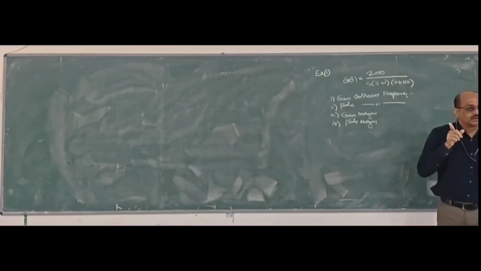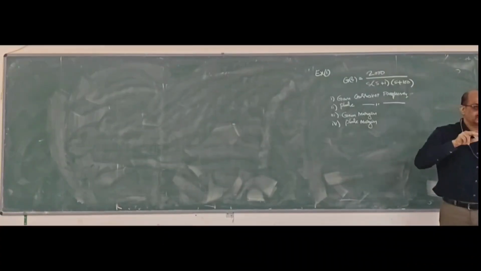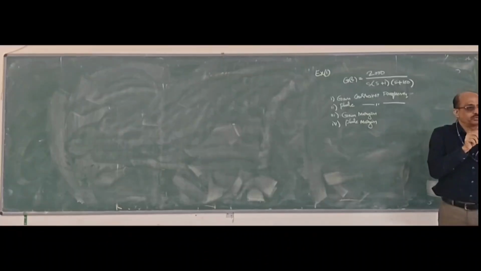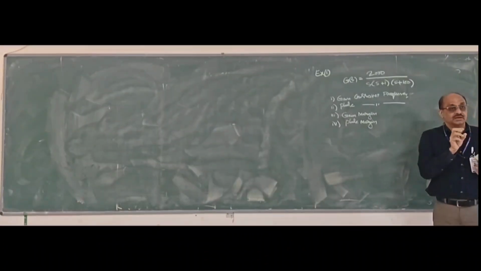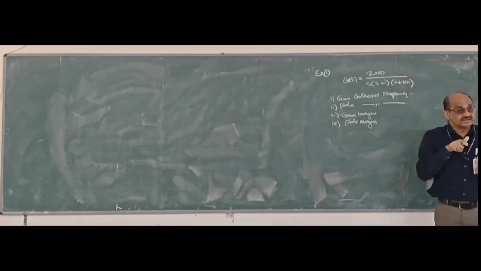Especially two things: the derivative factor as well as the quadratic factor. The derivative factor should always be in the form 1 plus j omega times some constant. Is it there? If not, convert it.